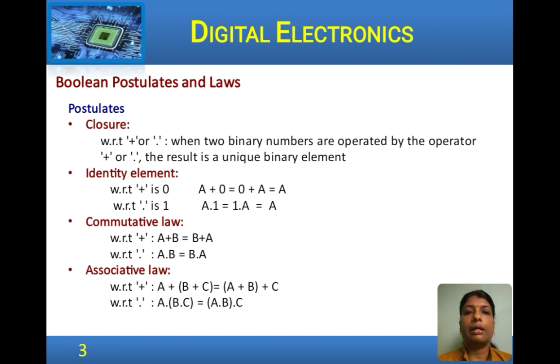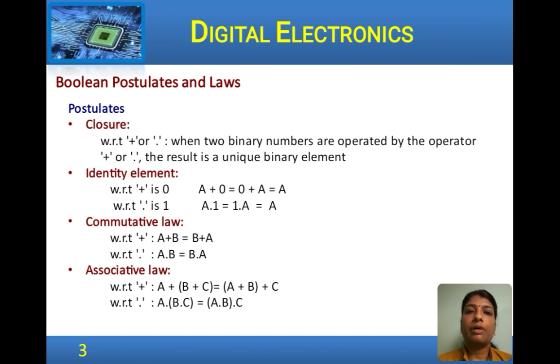To understand this better, let us consider algebra, where for the set of natural numbers, the sum operator is closed. For example, if you take 5 and 3, two natural numbers, when you add them, 5 plus 3, we get 8, which is again a natural number. So for the set of natural numbers, the operator plus is closed. Whereas consider minus.